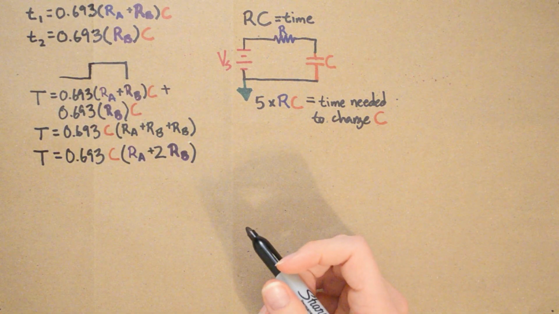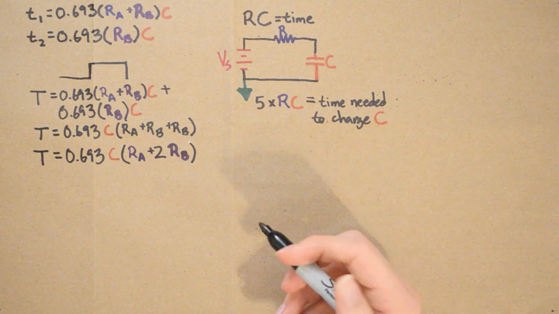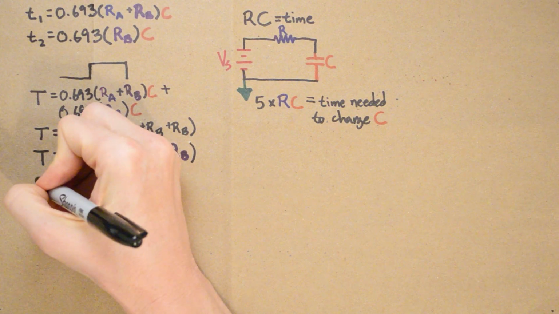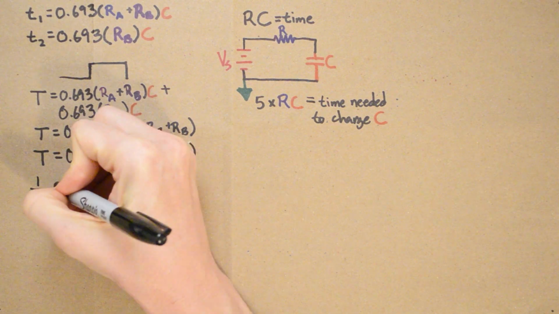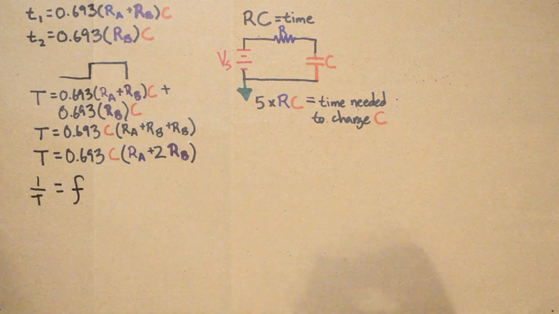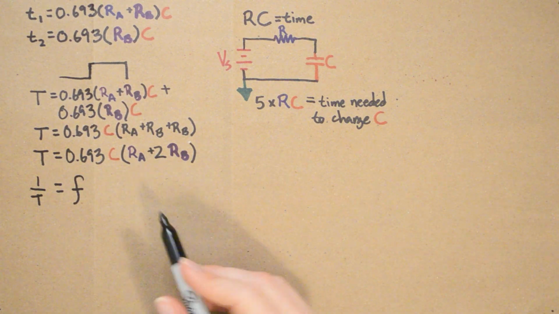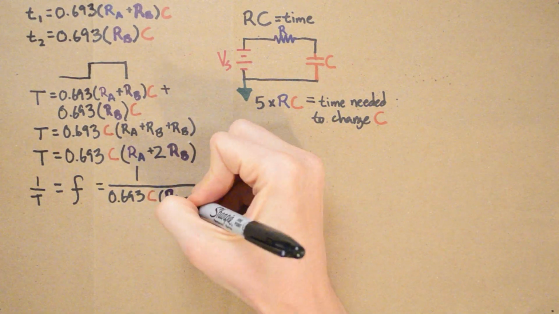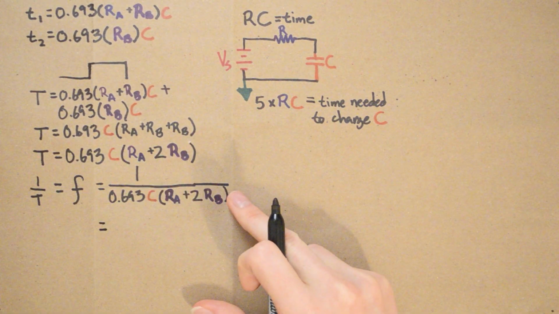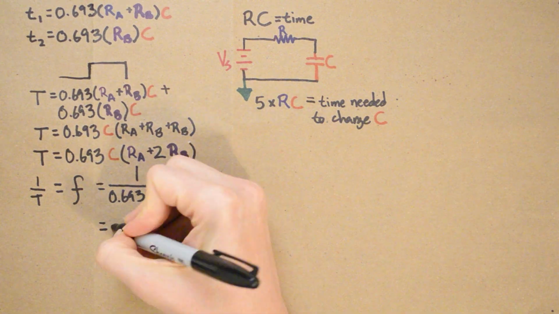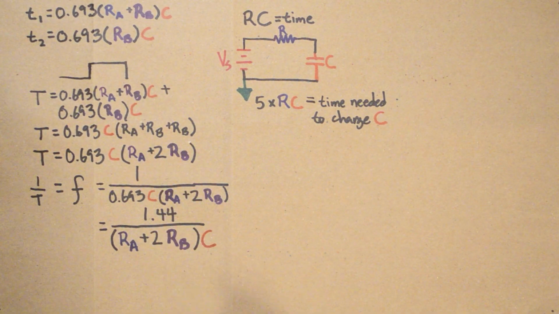If we want to figure out what the frequency is, in other words, how many times this happens per second, we can say 1 over T. That equals the frequency. And then we pretty much take this whole formula and put it over 1. Then simplify this a little further, and you end up with the formula that's in the data sheet. That's how you arrive at the frequency for a 555 timer.